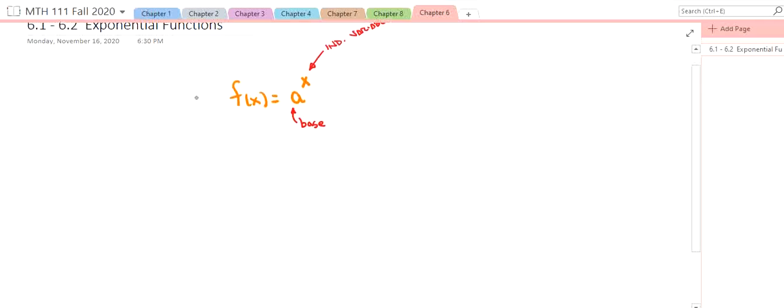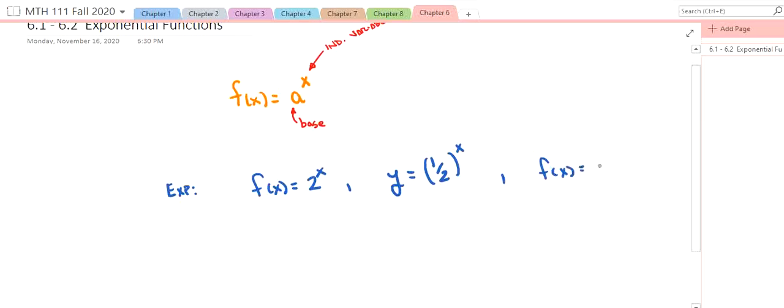Here are some other examples of exponential equations. Maybe we have f of x equals 2 raised to the power of x, or say y equals 1/2 raised to the power of x. Perhaps we have f of x where 1/2 is written as a decimal raised to the power of x.